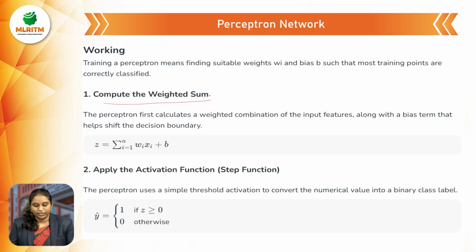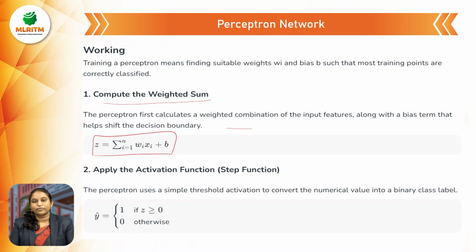The perceptron first calculates a weighted combination of the input features along with the bias. This is the formula we discussed already: sum of Wi xi plus B, where Wi is the weight, xi is the input value, and B is the bias, which is a constant value.